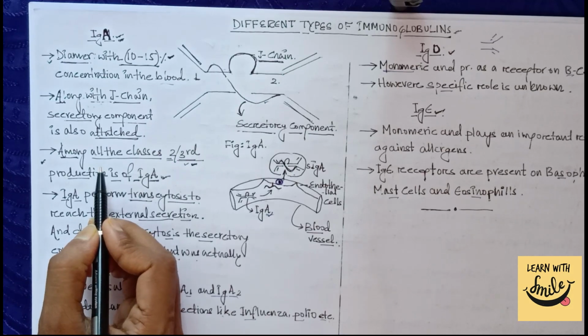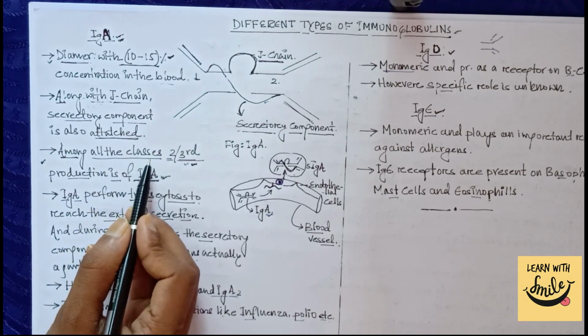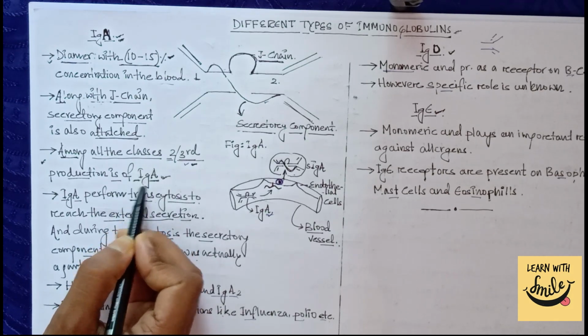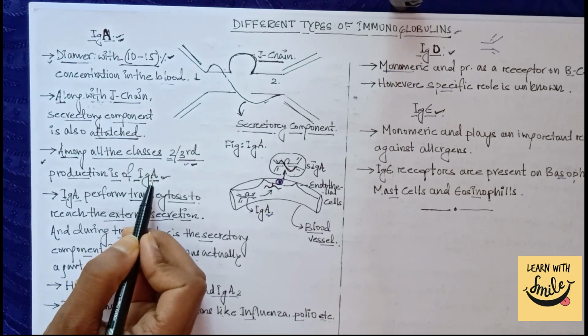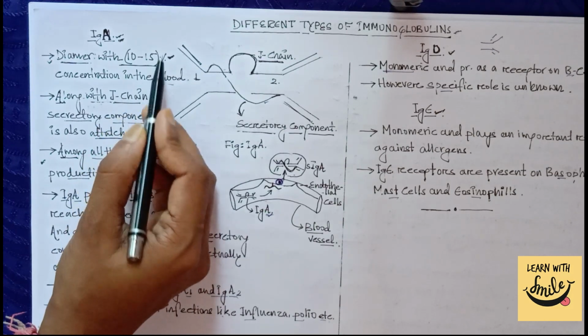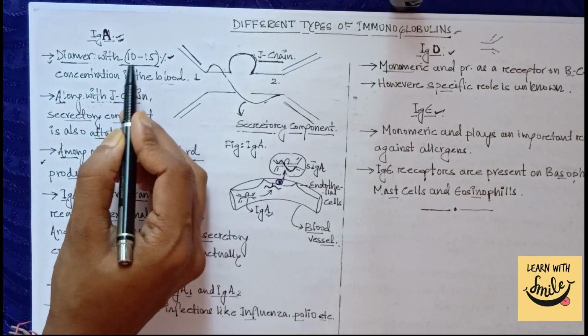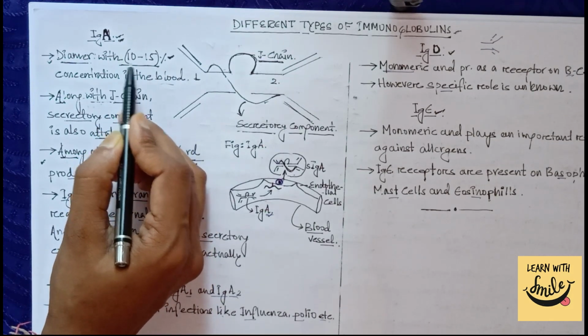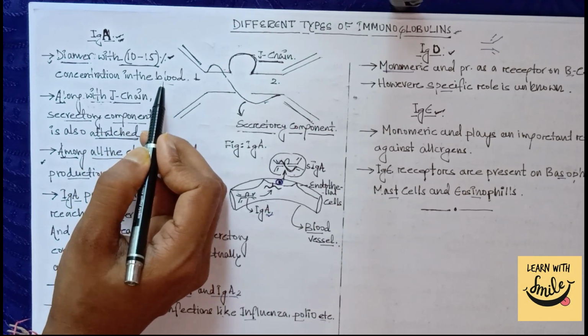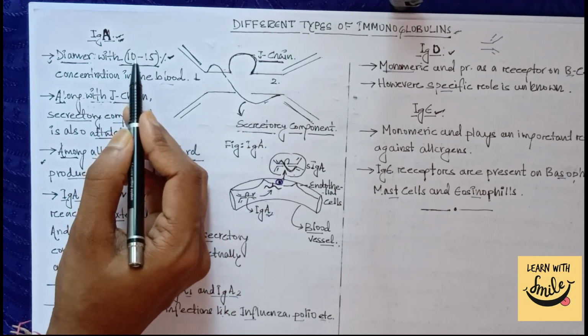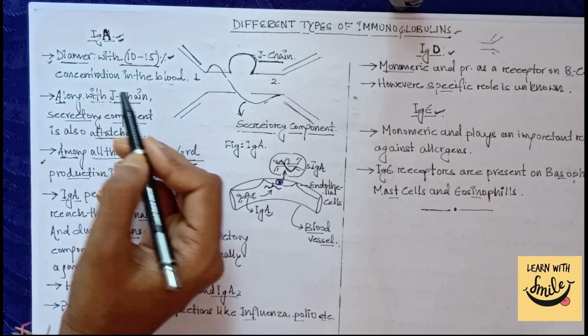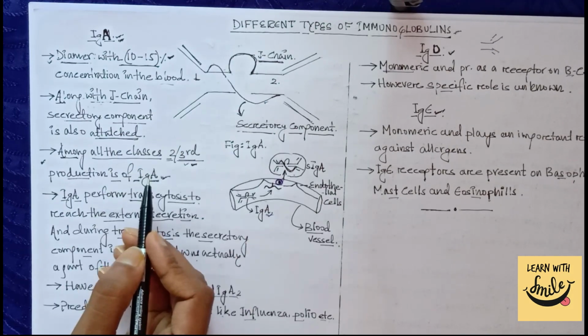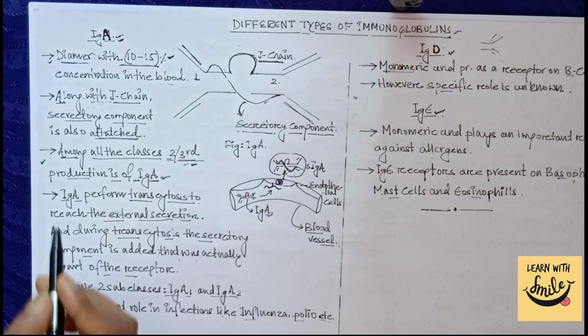The third statement says that among all the classes produced, 2/3 is immunoglobulin A. Then how come its presence drops drastically in the blood, only about 10 to 15%, whereas it must be present in much higher concentration? To seek the answer, we need to move to the next statement.